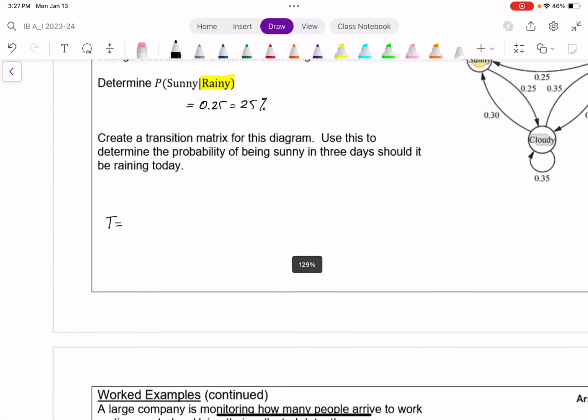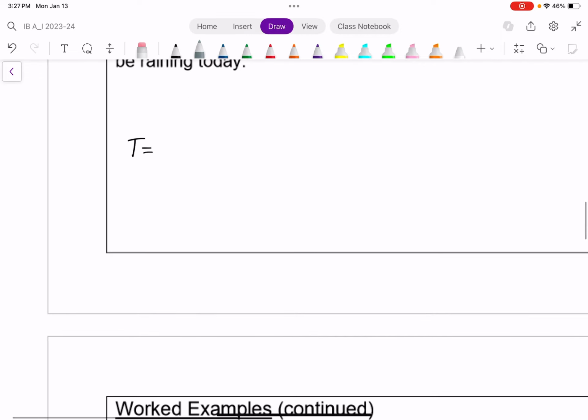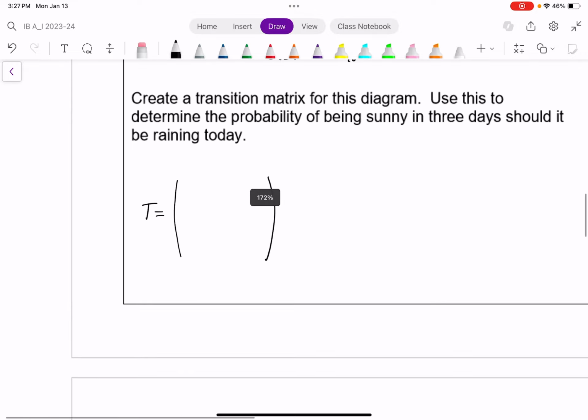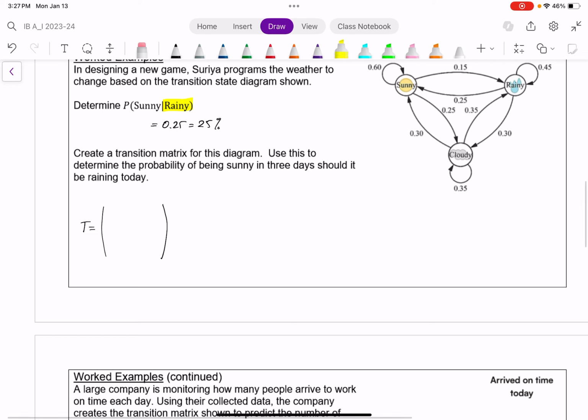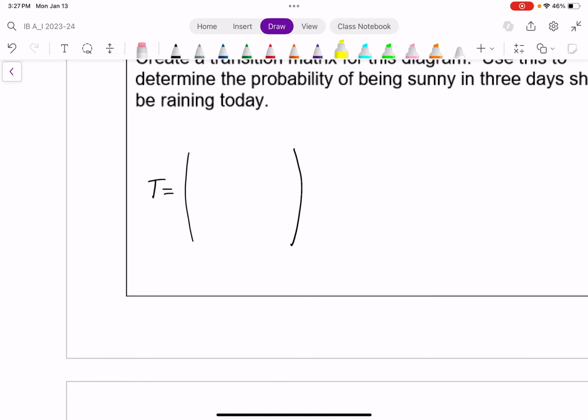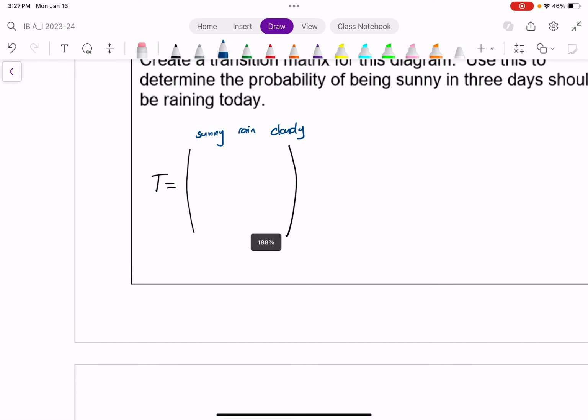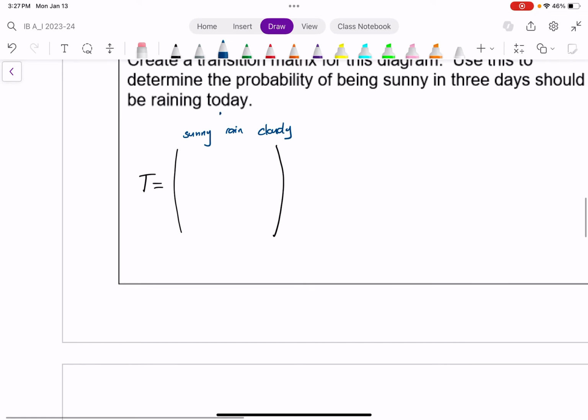So if I look at my diagram, I'm going to set it up this way. My three states are sunny, rainy, and cloudy, and I'm going to write that up here: sunny, rainy, and cloudy. That is for now, for today, the present state.